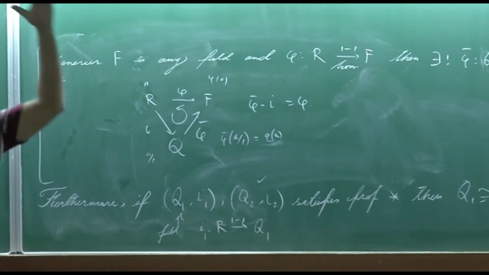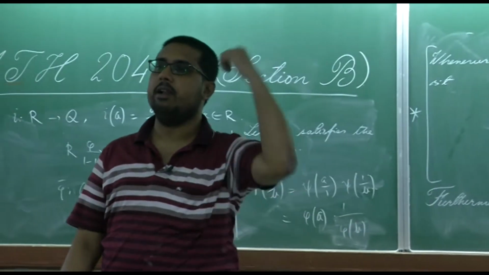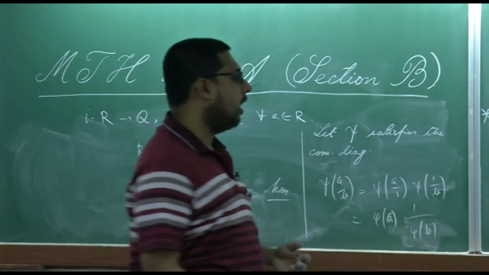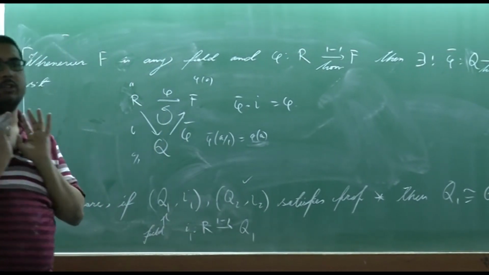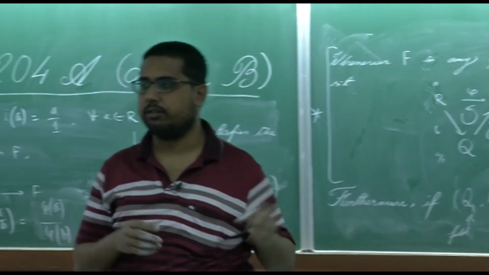What is the property? Whenever you give me a phi, I will show that there is a unique phi bar that makes this diagram commutative. This is what we have done.